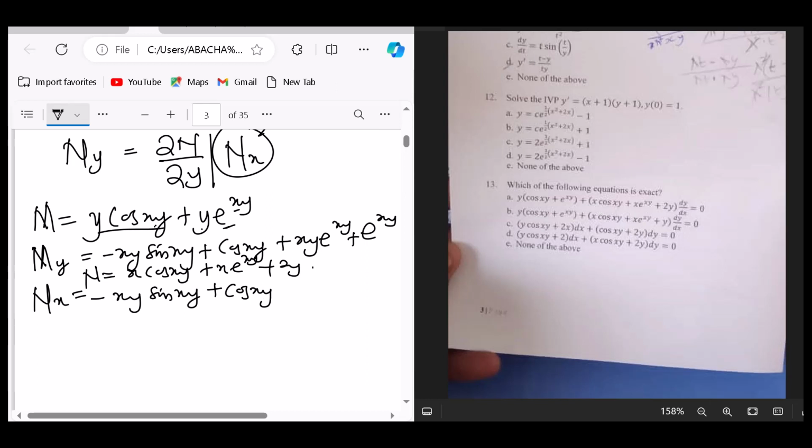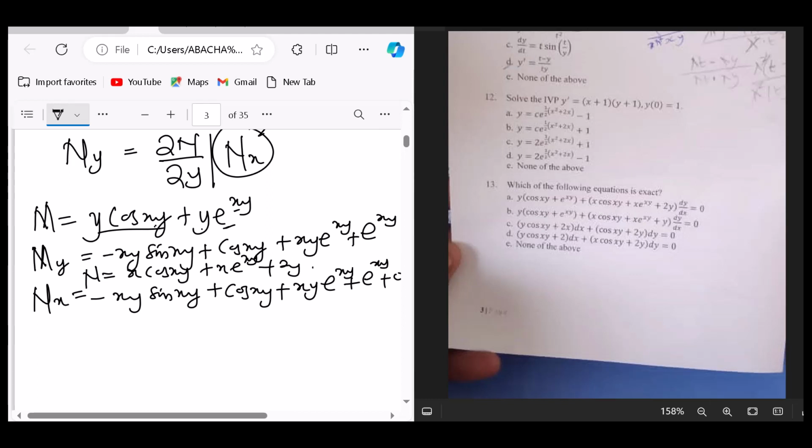Then doing this one, I have plus x, keeping this one, doing with respect to x, xy e power xy, then plus e power xy, then the other part will just be 0.